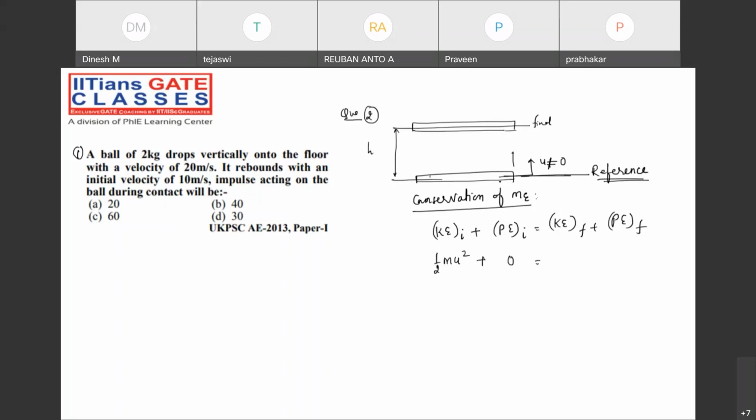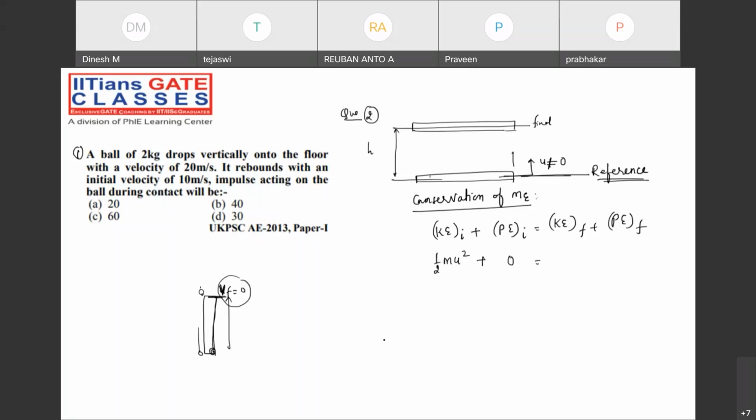If you are throwing any ball in the vertical direction, suppose you are throwing a ball to the top of a building, then what will happen? At the top of the building, the final velocity will become 0. Yes or no, guys?